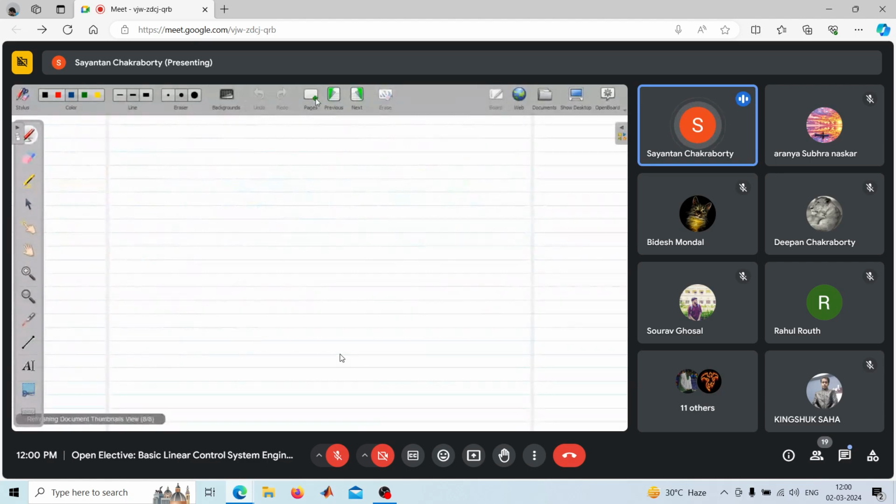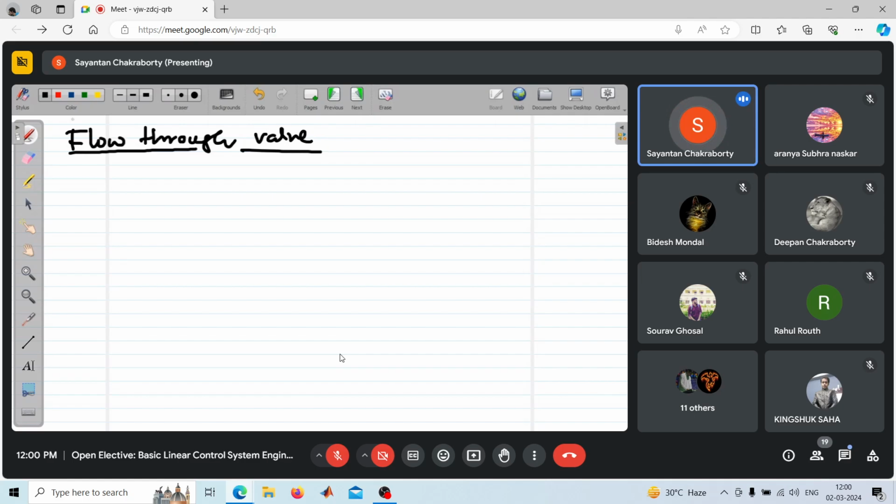First of all, the outlet flow rate involves a flow through a valve. Now we know each and every valve has its own characteristics, and this flow through a valve is expressed as F is equal to Cv fx root over delta Pv over SG. Now what are these things? F is the volumetric flow rate.